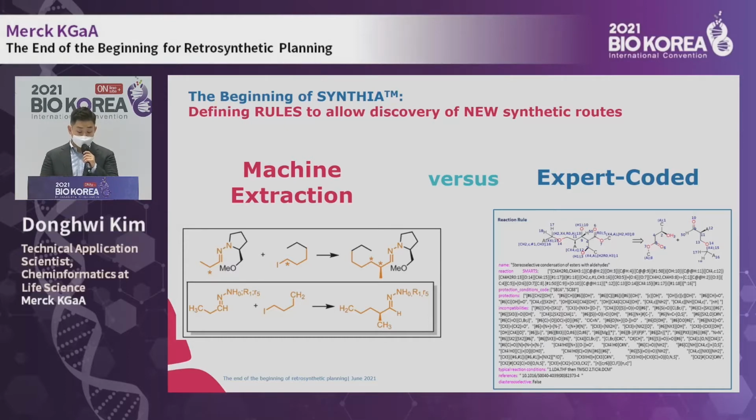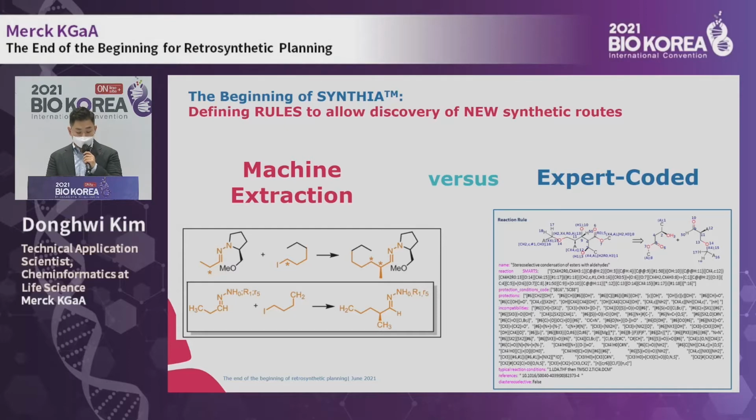However, all of this information is crucial, and if we would like the software to propose chemically correct synthetic pathways, the solution is definitely the expert hand-coded rule database of Synthia.